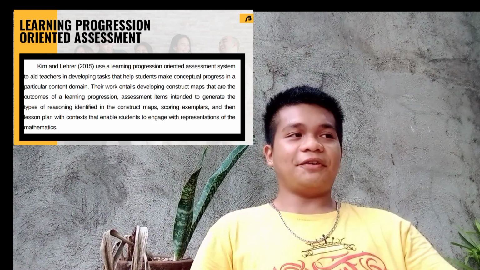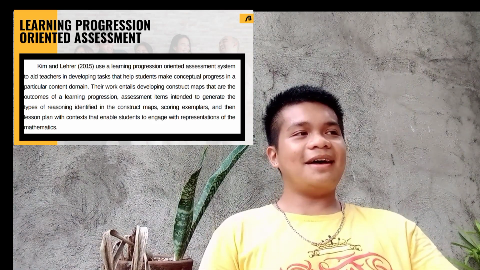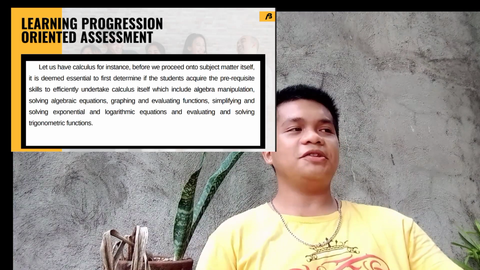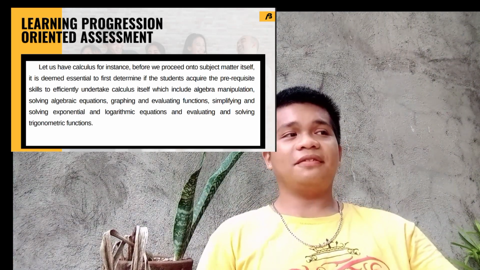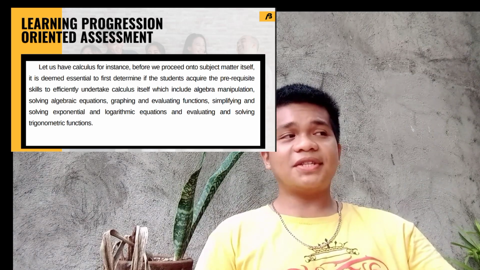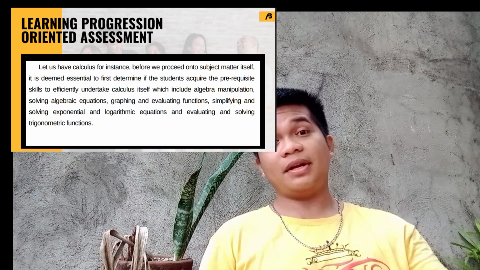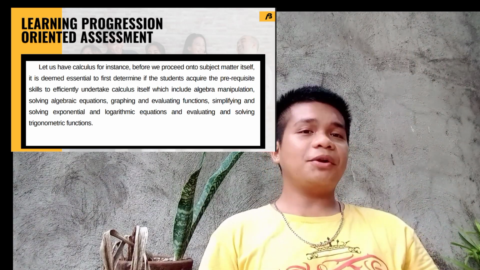So let us take this as an example. Let us have calculus, for instance. I guess everyone is already familiar with the term calculus. Before we proceed to the subject matter itself, it is deemed essential to first determine if the students have acquired the prerequisite skills. So what are the prerequisite skills?